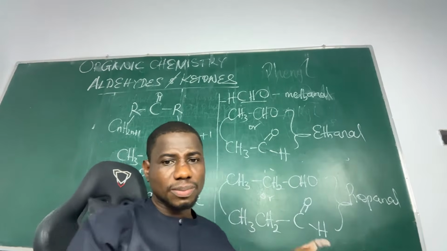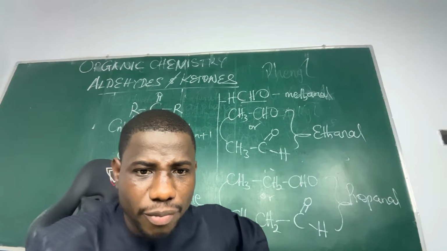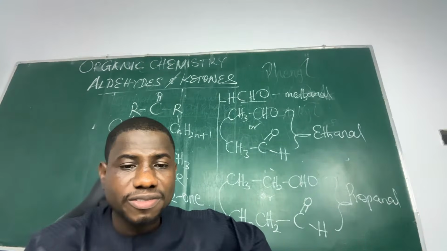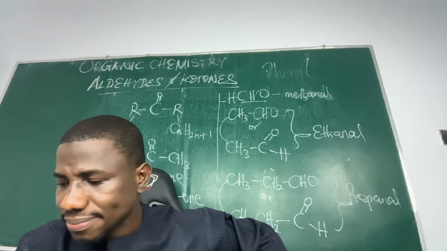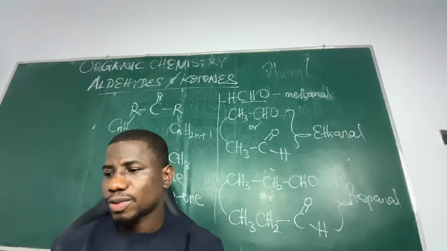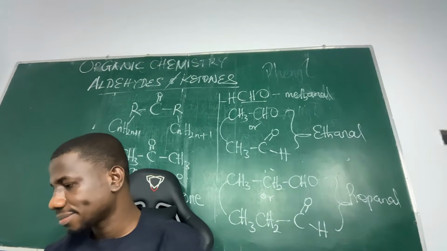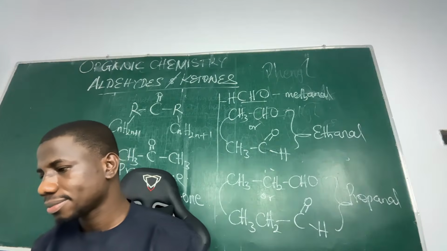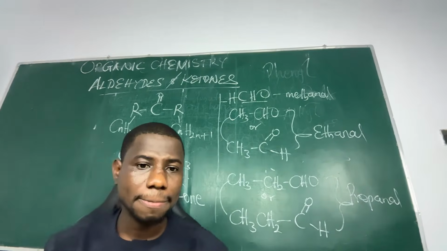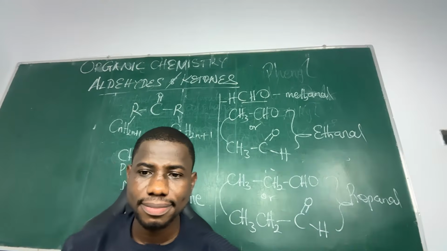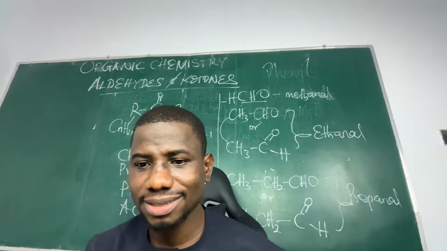When you're done writing this on the board, just type proceed so that I can give you the one to attempt. Are you done? Okay, someone has given us proceed.